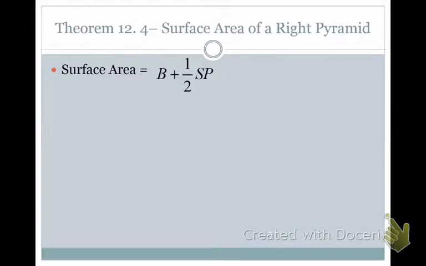So surface area. The surface area of the prism is the area of the base plus 1/2 SP.